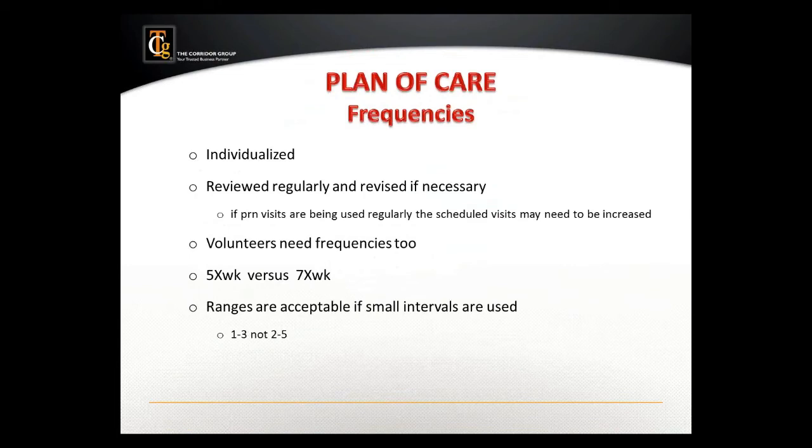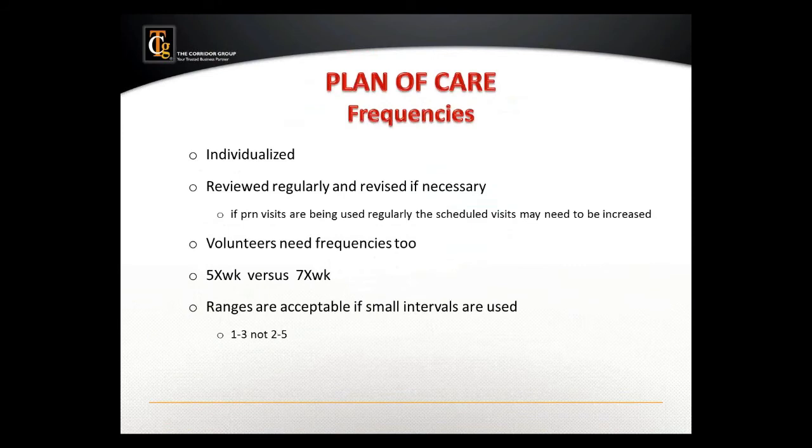And the surveyor should see that the frequencies change as the individual's condition changes. Also, PRN usage. We'll see RN 2 times a week and PRN for on-call needs. Well, when you are using a lot of your PRN visits, you need to maybe change how many times that the RN is routinely going out and get an order for a frequency change.